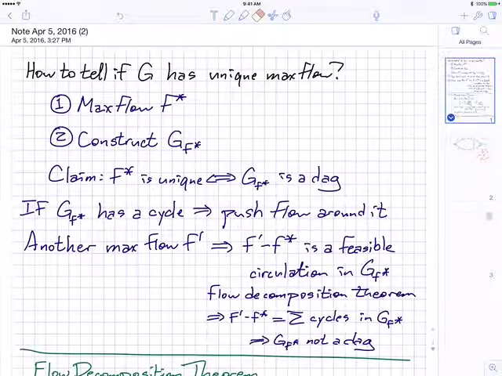Then some definition chasing implies that this function, F prime minus F star, is a feasible circulation inside this graph. So the flow decomposition theorem tells me that I can take any circulation and decompose it into a set of cycles. Therefore, there must be a cycle. Okay. Thanks.